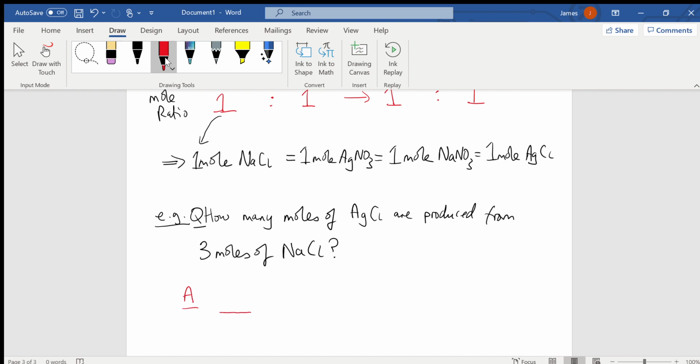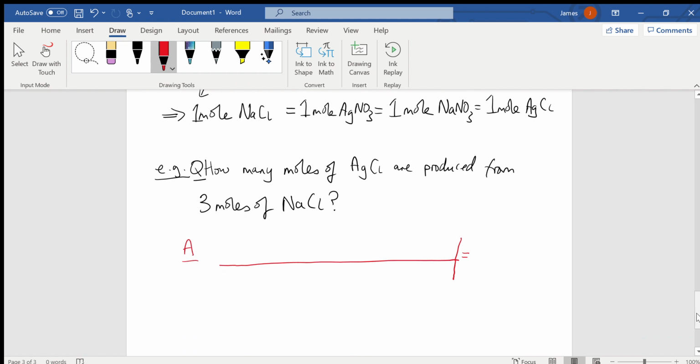So we're going to use dimensional analysis. I have other videos on dimensional analysis. This is a quick intro video on the mole. Okay, so I know I need to return moles of AgCl. So I can write mole of AgCl.